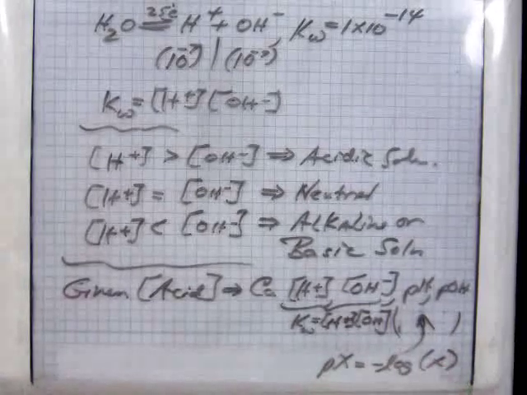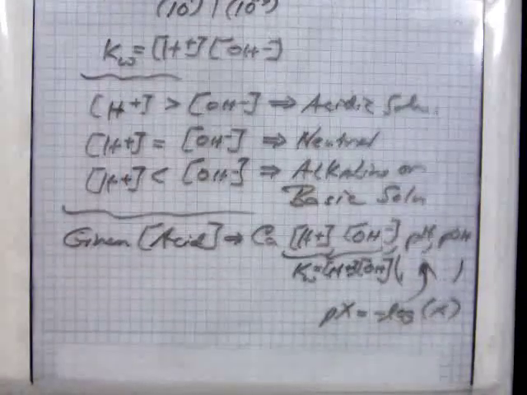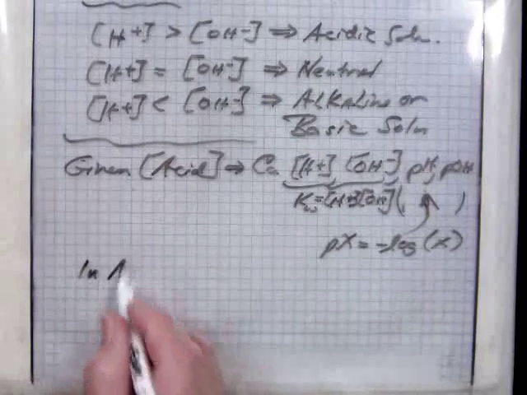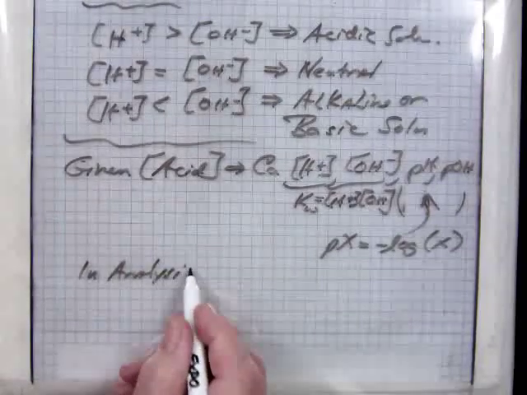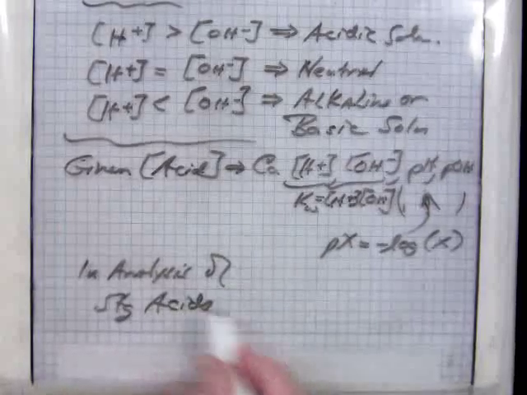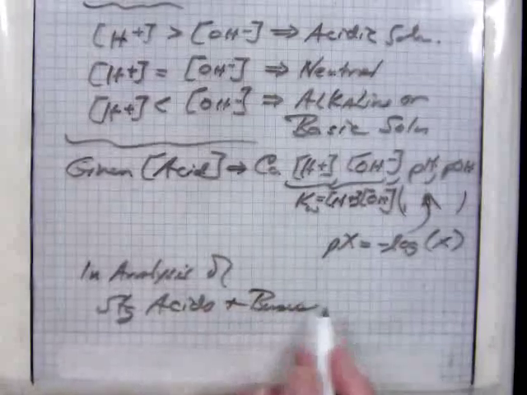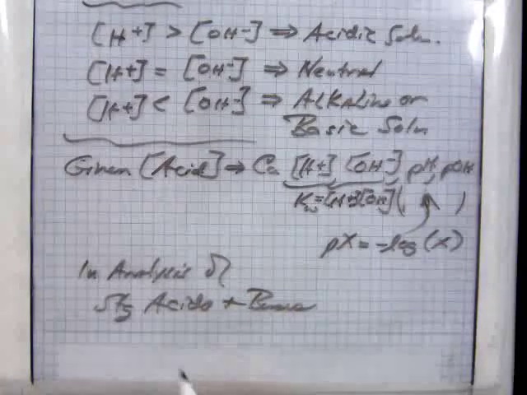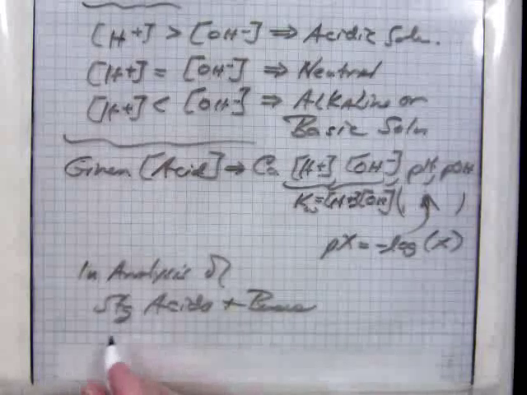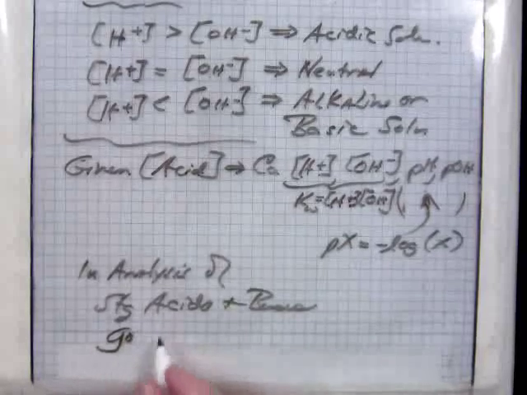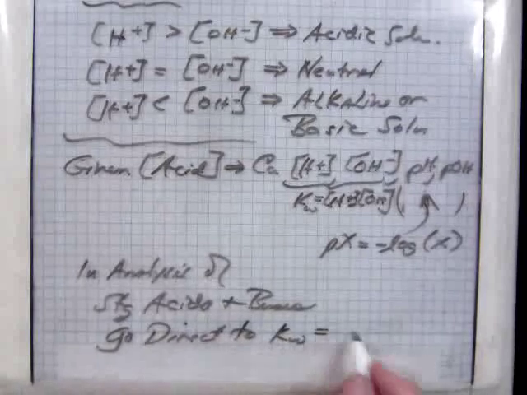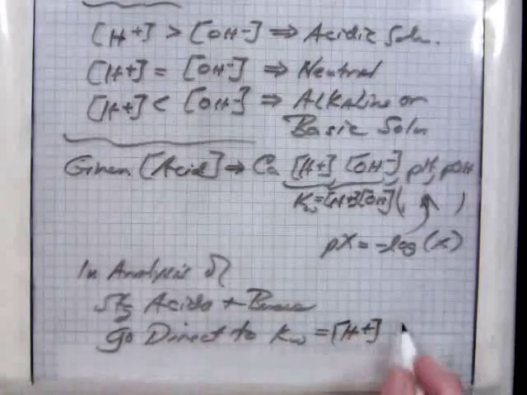So, now this is a direct relationship in analysis of strong acids and bases: go direct to Kw equals H plus times OH.